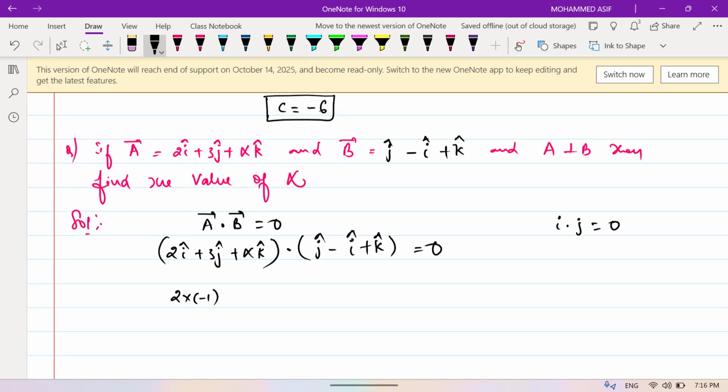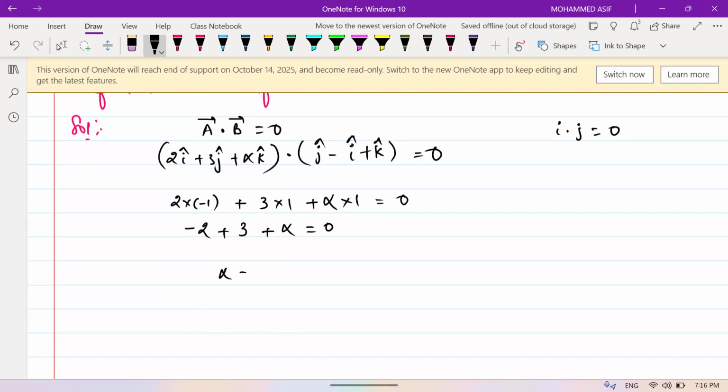So it will be 2 into minus 1, then plus 3 J, J I can multiply. J value is how much for me? 1. Very good. Plus alpha K cap, K value you multiply with your K, K into 1 will be equal to 0. So 2 into minus 1 is how much for me? Minus 2 plus 3 plus alpha is equal to 0. 1 plus alpha is 0. Alpha is equal to minus 1. Got it? Am I clear with this one?